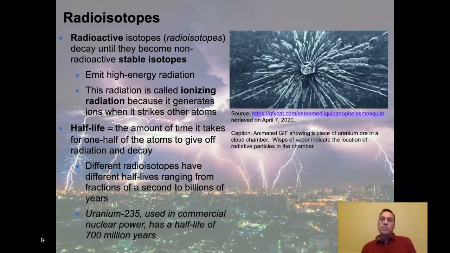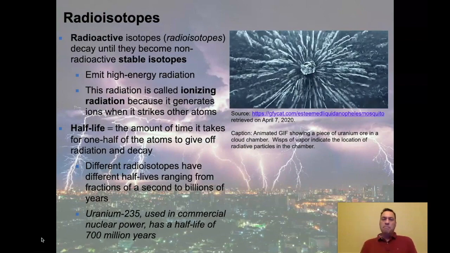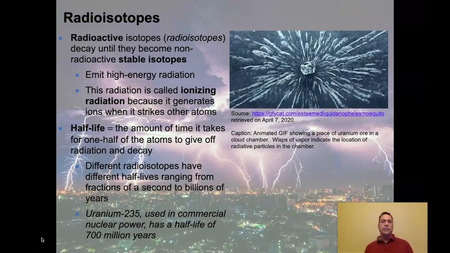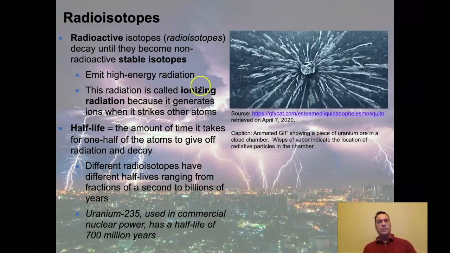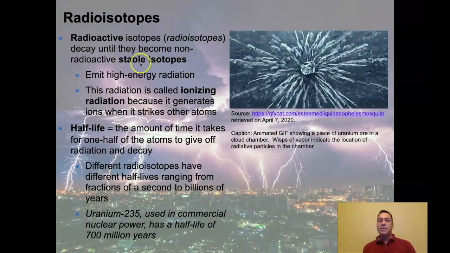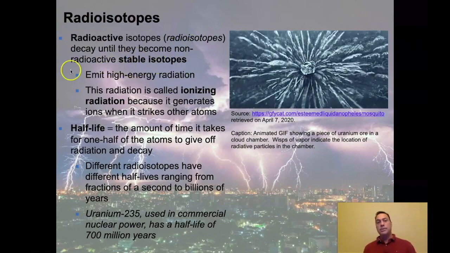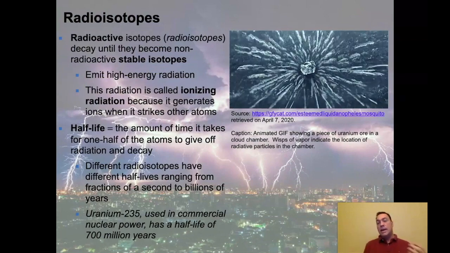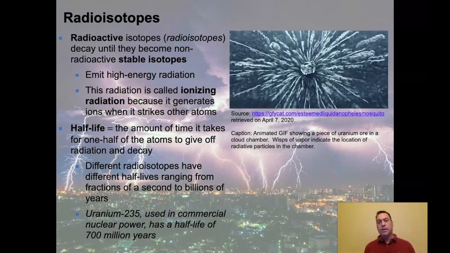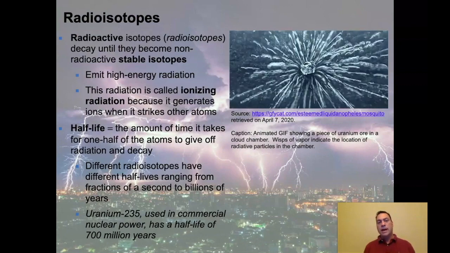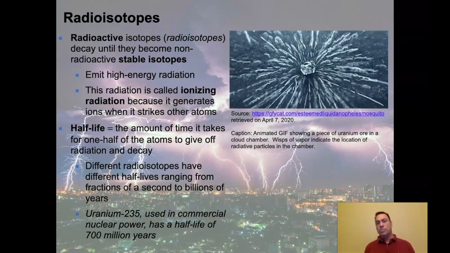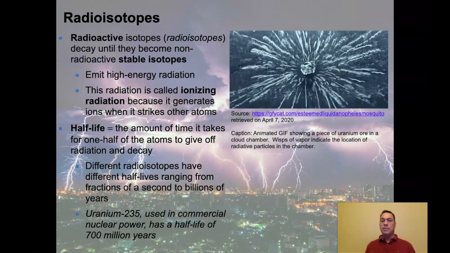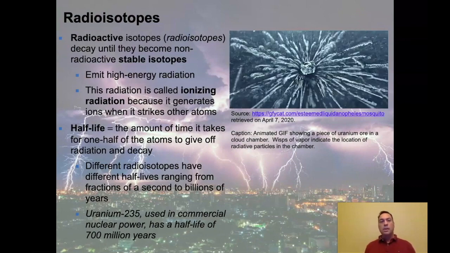We talked a little earlier about isotopes. I'm going to come back to the concept of radioisotopes. Radioactive isotopes decay until they become non-radioactive stable isotopes. Any element can have one; hydrogen, for example, has an unstable isotope called tritium.